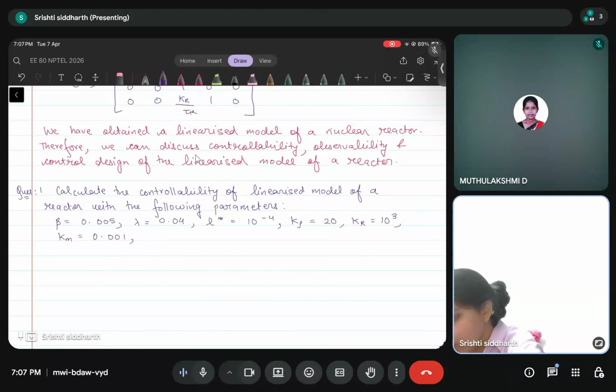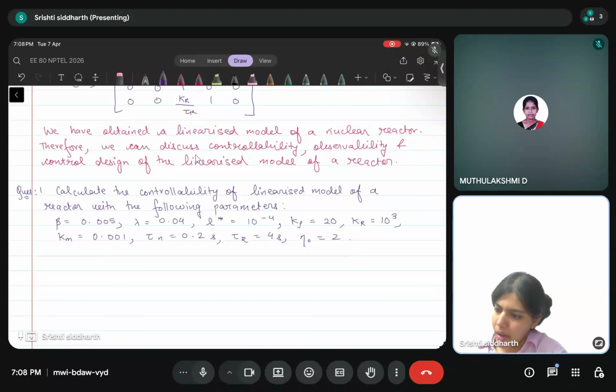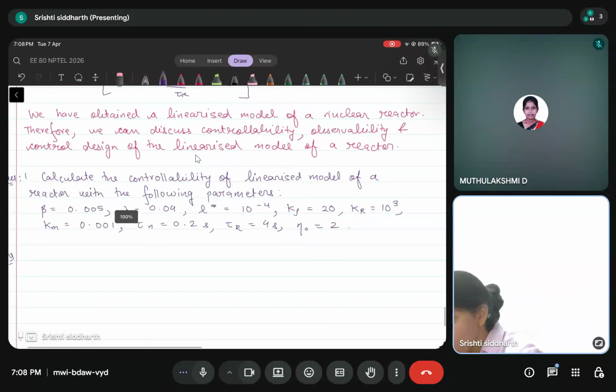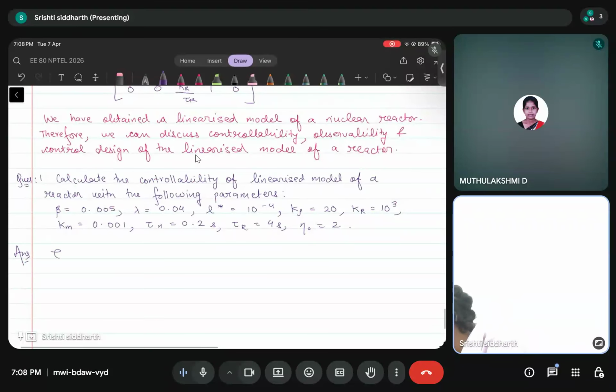Then we have the time constants, tau n is 0.2 seconds, and then tau r is 4 seconds, beta 0 is 2. This is a fifth order state space model. So what would be the controllability matrix C? So B, AB, A square B.